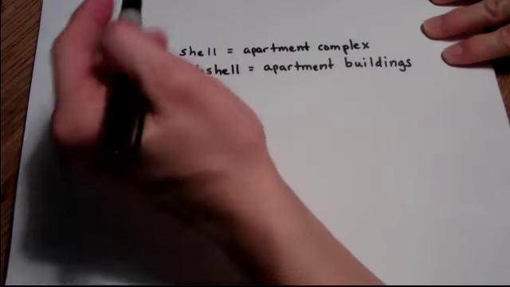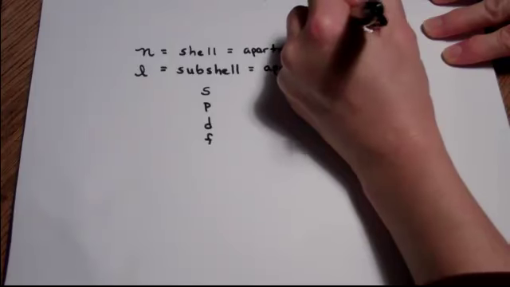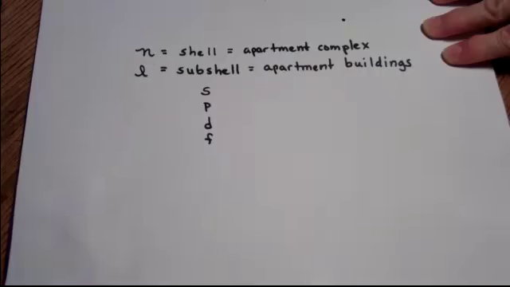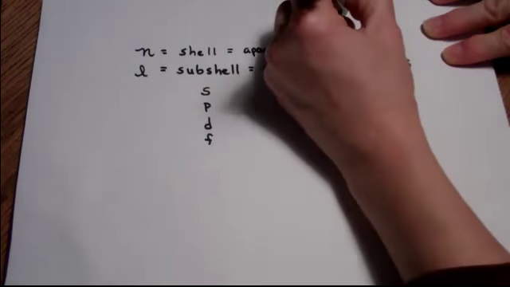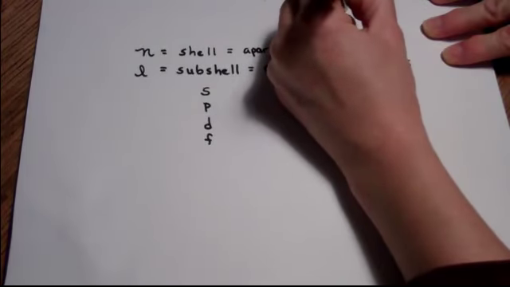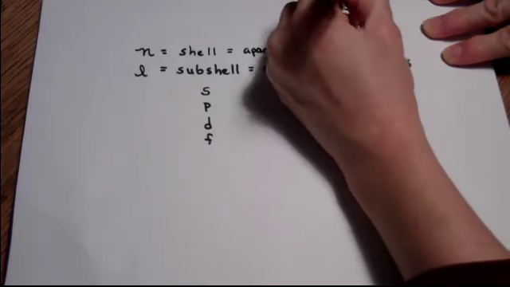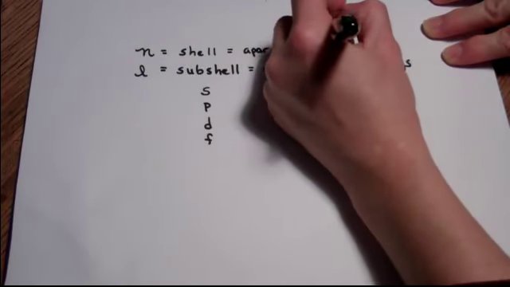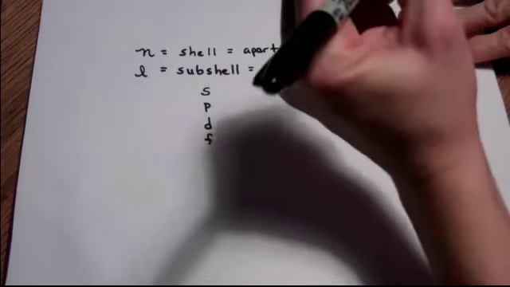And for each n number, if we start out at the center, so this would be the protons and the neutrons, or the nucleus of the atom, then our different layers are going to expand out from that central point. So these would represent our n numbers. So the most inner shell is the n of 1.